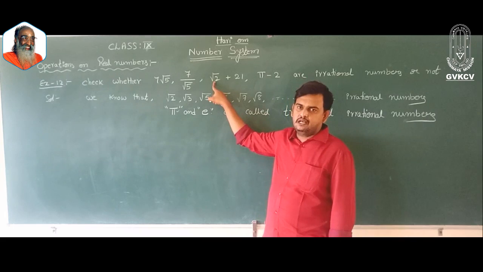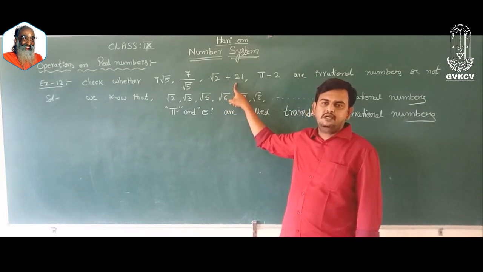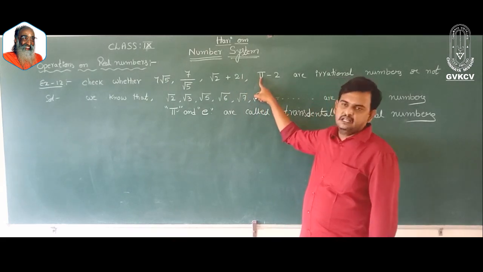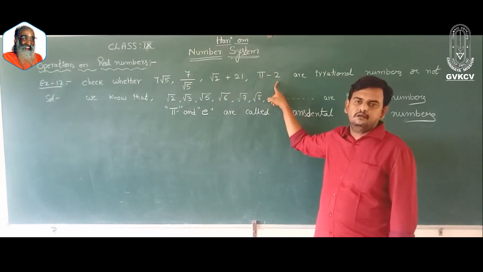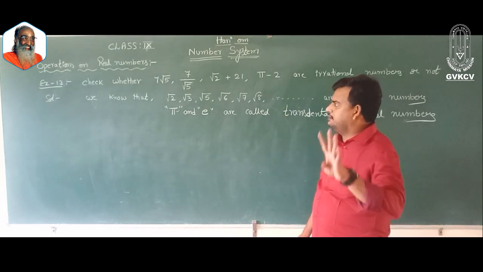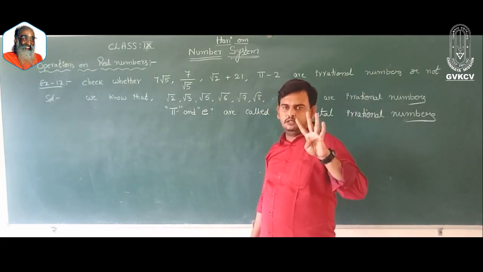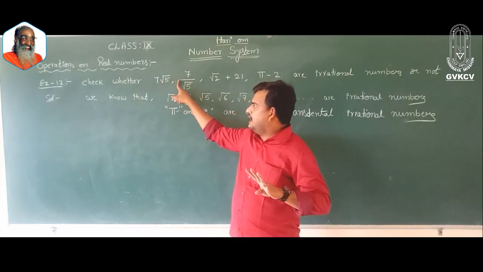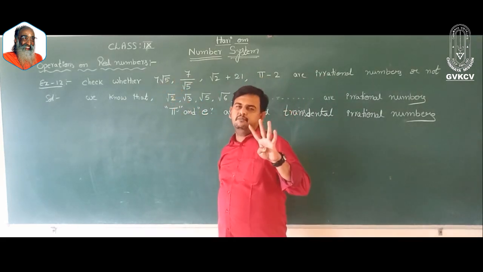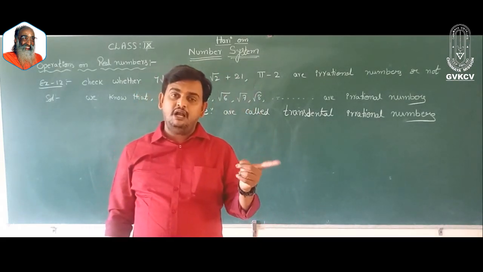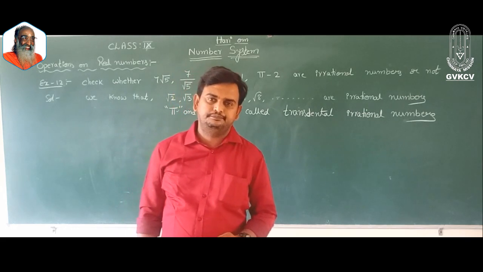Root 2 is an irrational number, 21 is a rational number, and we are adding. Pi is irrational, 2 is rational, again a combination. Here we are performing the four operations: addition, subtraction, multiplication and division, between a rational and an irrational number.